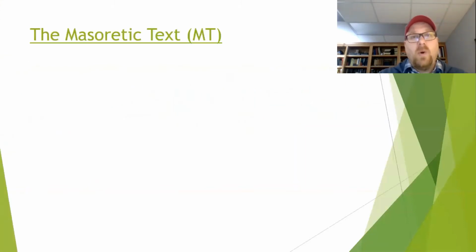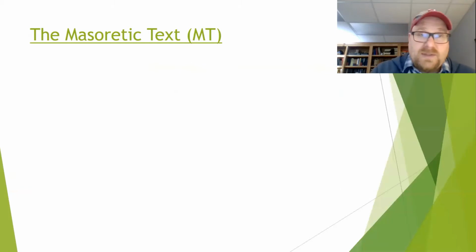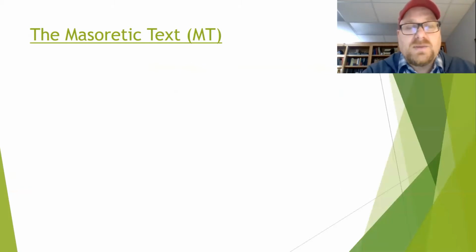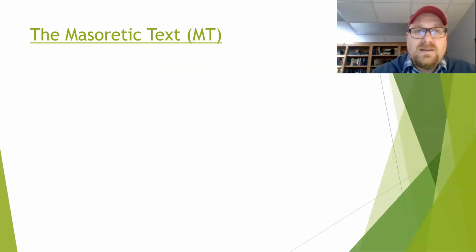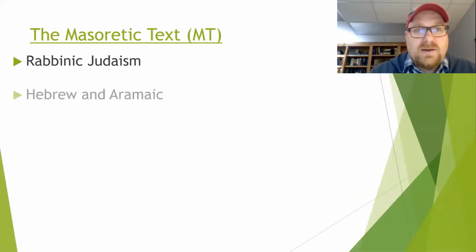Now, the most important manuscript family that exists for the Old Testament, for Catholics and for Protestants, is a family of manuscripts called the Masoretic text. And this tradition comes out of Judaism. We'll get to the time frame in a second here.